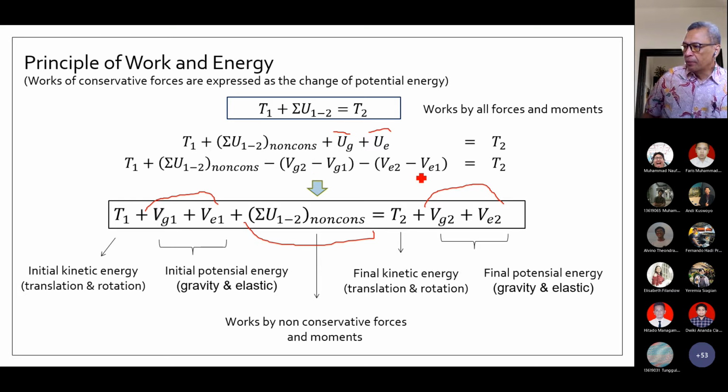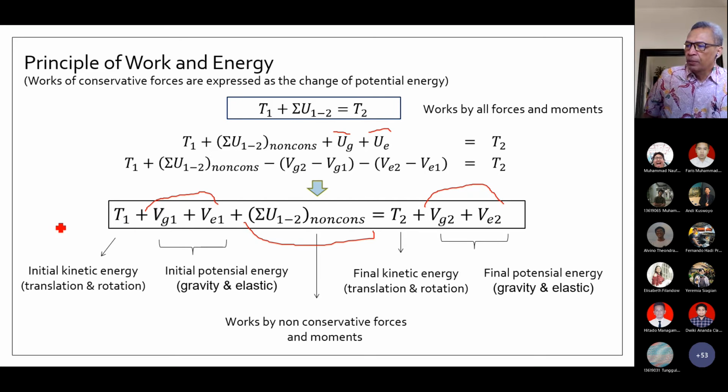Here we have the alternative form, and then we rearrange the equation such that the state of position 1 is at the left hand side, and the state of the energy of the system at the second state is at the right hand of this equation. So we obtain this second form of the work and energy.